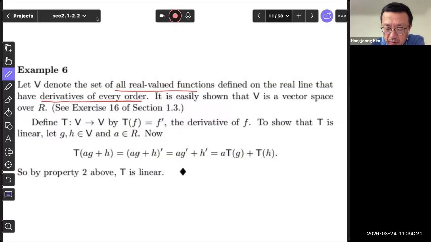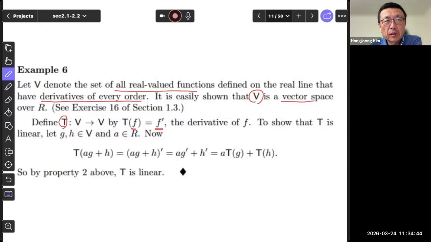That set will definitely be a vector space. And we want to consider one transformation T such that any differentiable function f is mapped to its derivative.